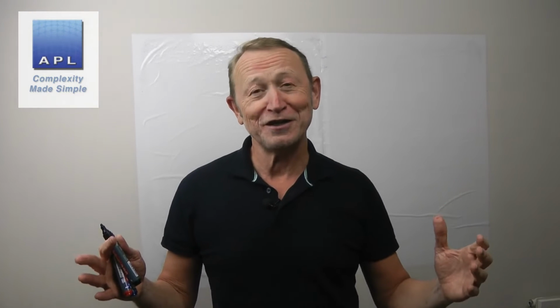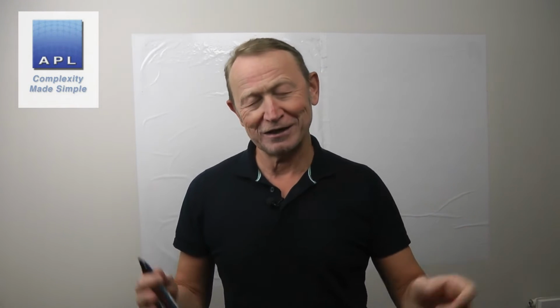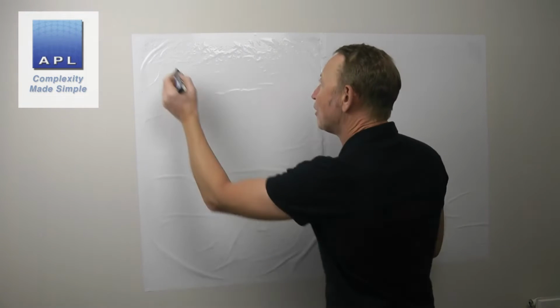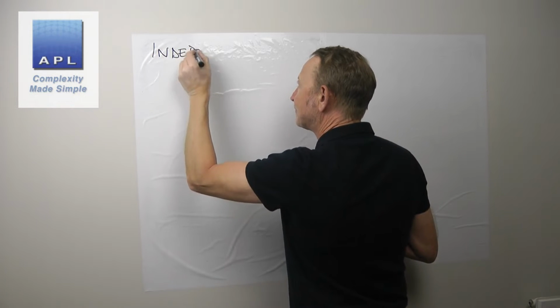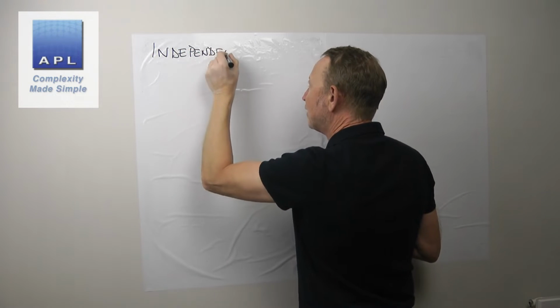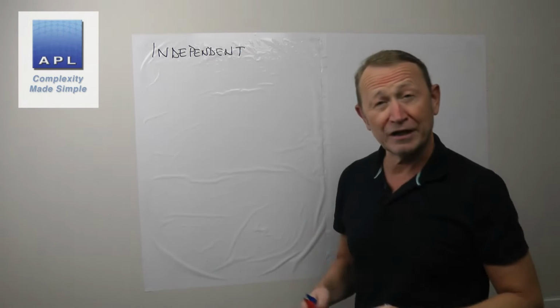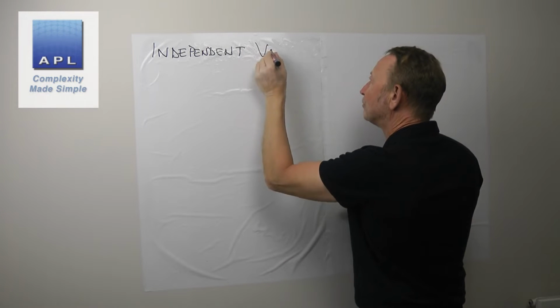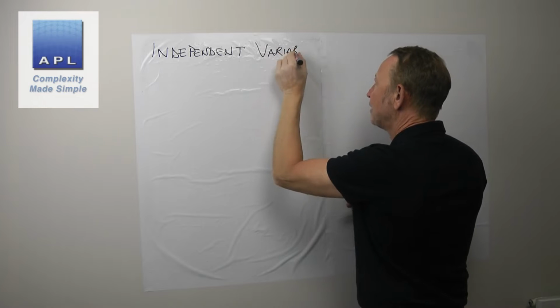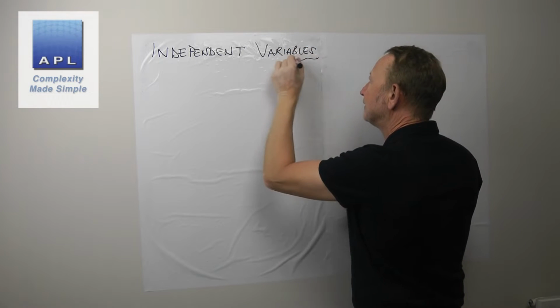Welcome to the latest video. And in this video newsletter, what we're going to take a look at is the meaning of independent variables in a design of experiments, in a DOE. So this has been triggered by some comments that I've had on one of my videos where somebody asked me this question: independent variables, is this important?